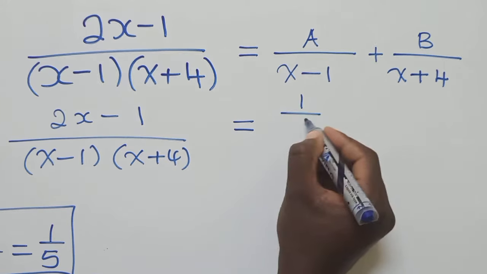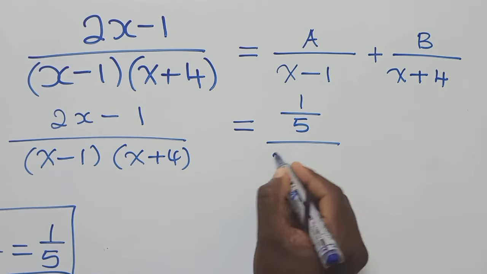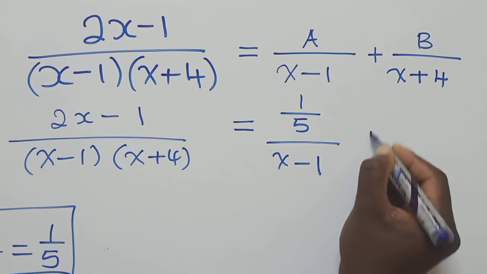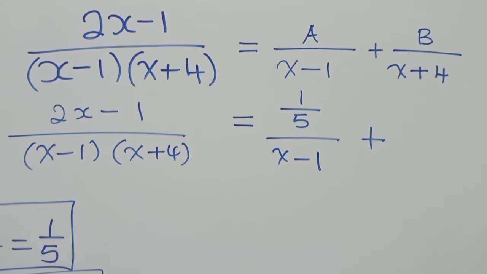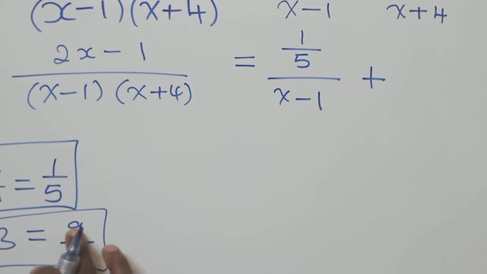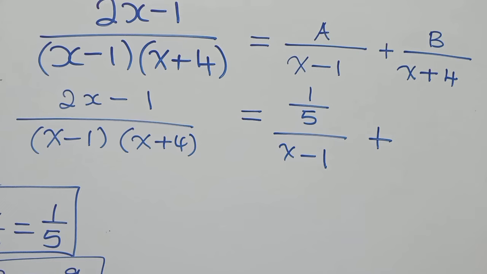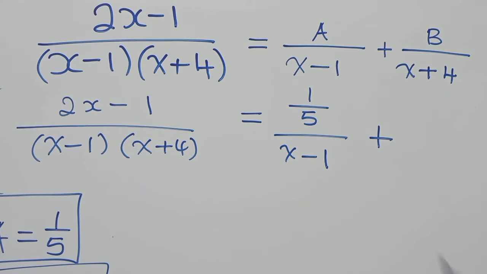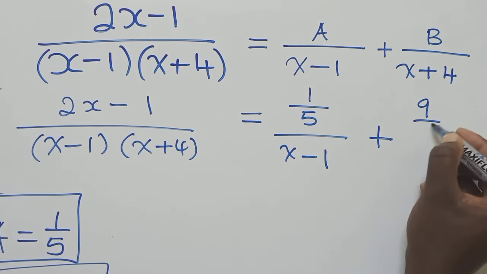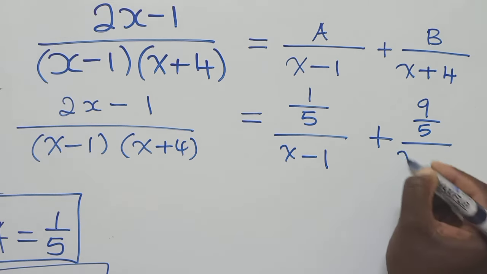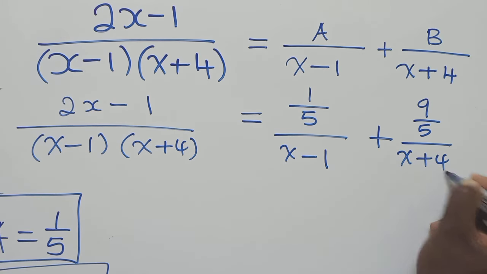It's (1/5) over (x - 1) plus, what is our B? This is our B, 9 over 5. So this is (9/5) over (x + 4).